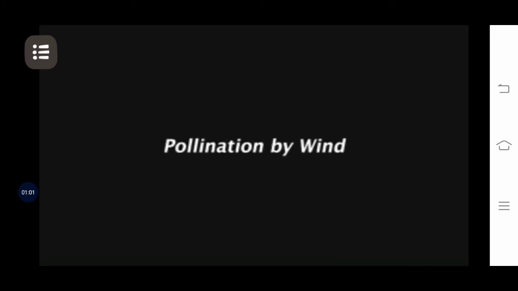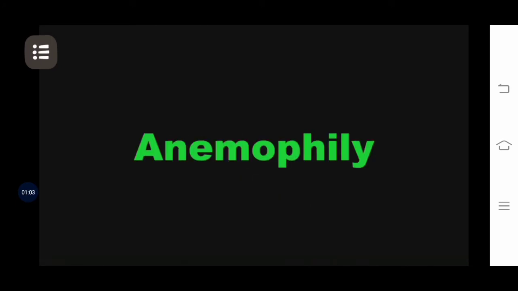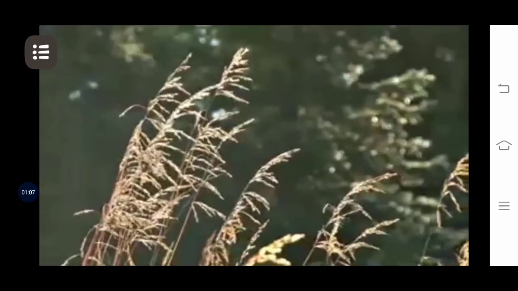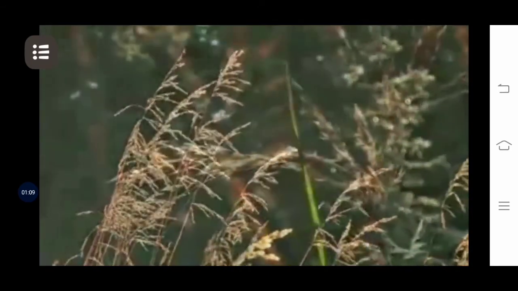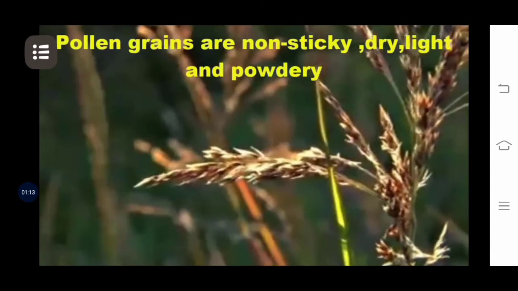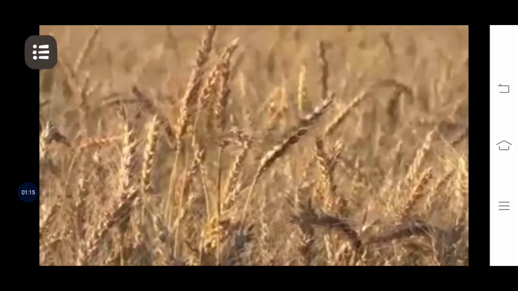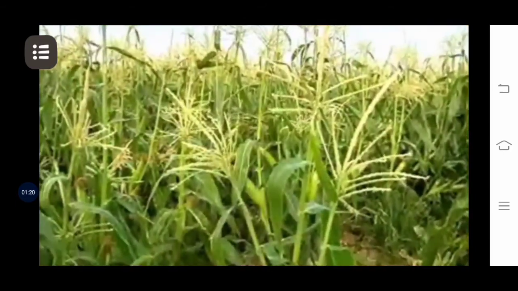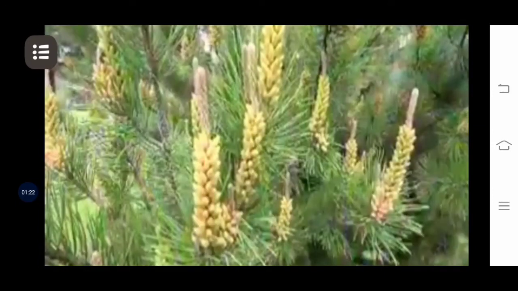Pollination by wind is anemophily. In this type of pollination, the pollen grains are non-sticky, dry, light, and powdery. Grass, maize, and pine are pollinated by wind.